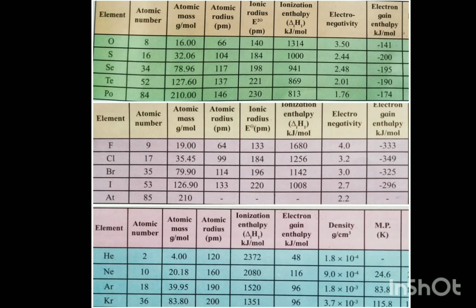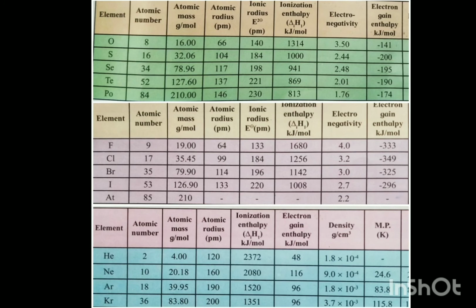Across the period, ionization enthalpy increases with increasing atomic number, because electrons are added to the same shell.